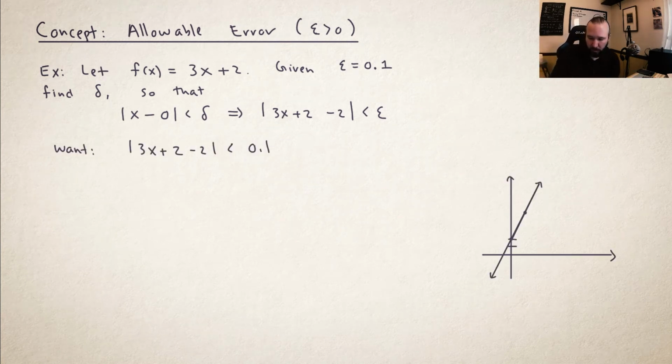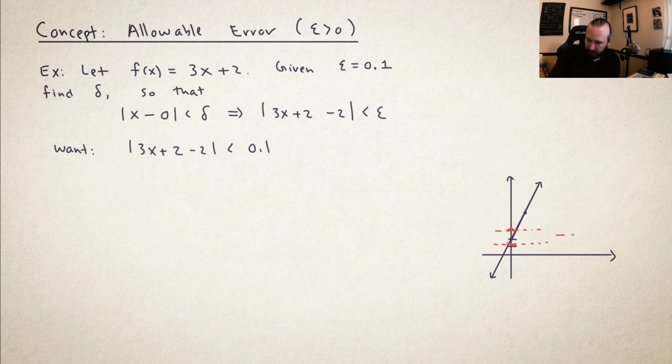So what I would really like to do is to trap the function in some kind of range, where I make sure that this graph stays very close to f of x equals 2.